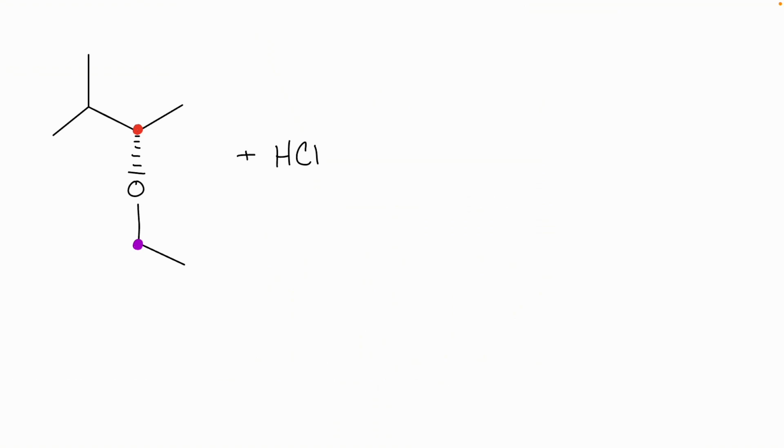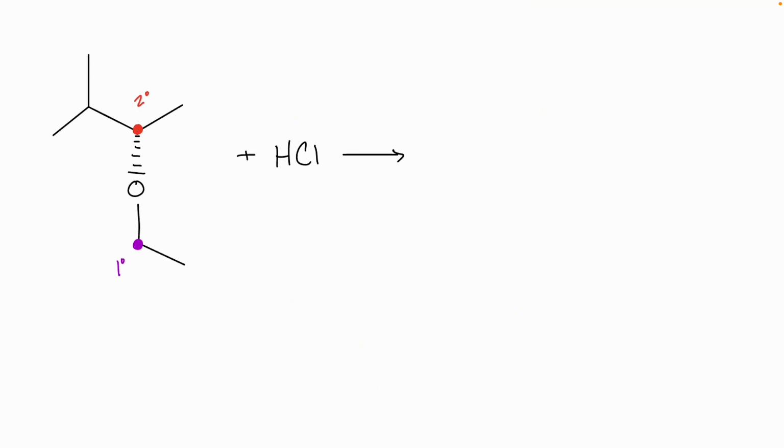All right, so that red carbon is what? Primary, secondary, tertiary? Secondary. And what about the purple one? Primary. Okay, so which one is going to react with my chloride, the primary or the secondary?